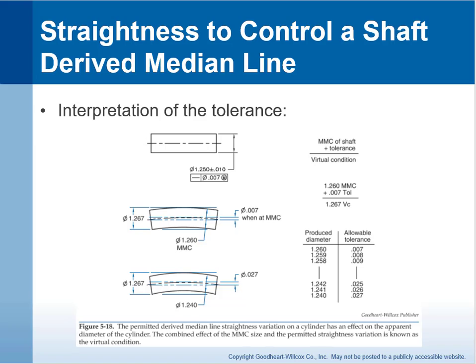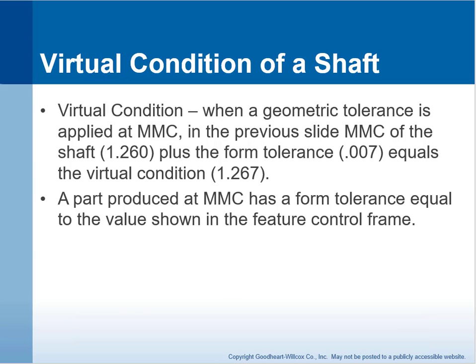So that's what this next slide says. Virtual condition: when a geometric tolerance is applied at MMC, as in the previous slide, you get the shaft MMC of 1.260 plus the form tolerance of 7 equals the virtual condition of 1.267. So a part produced at MMC has a form tolerance equal to the value shown in the feature control frame.